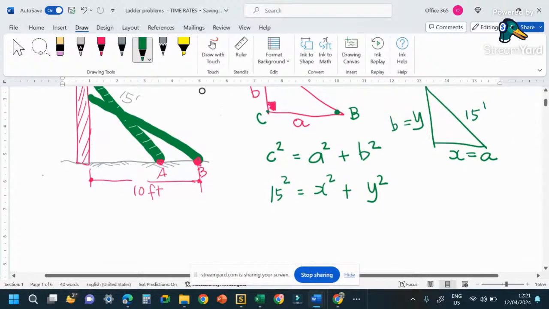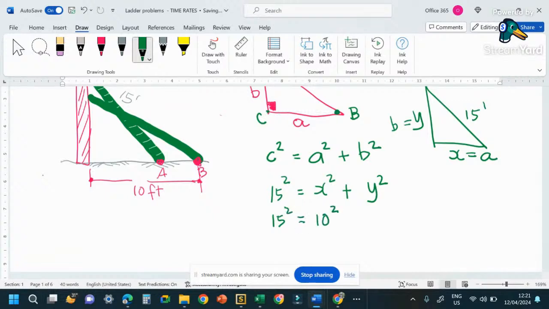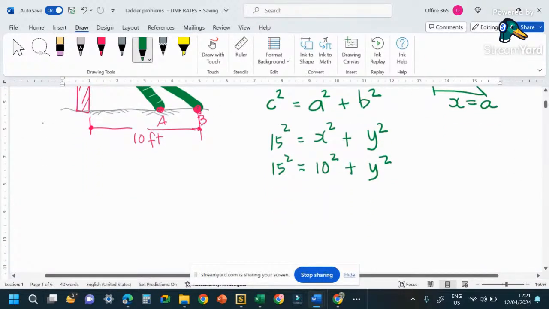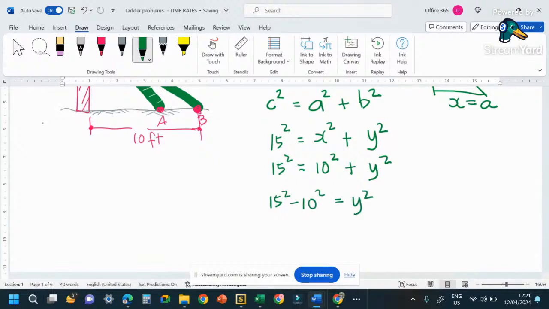It seems that y is the one missing because we know what x is, that's 10, y is what we do not know, based on the size of our right triangle. We move our 10 squared to the other side, so 15 squared minus 10 squared is equal to y squared.